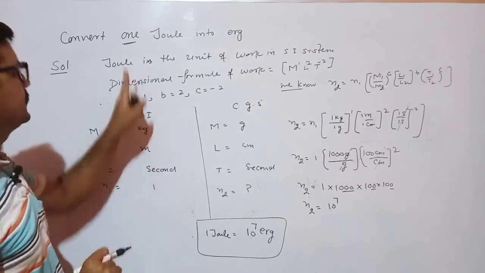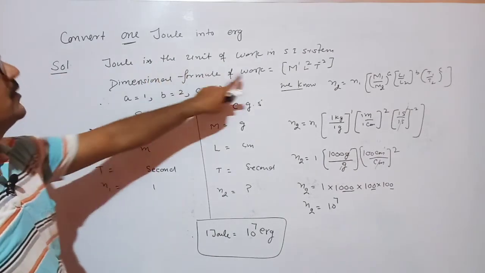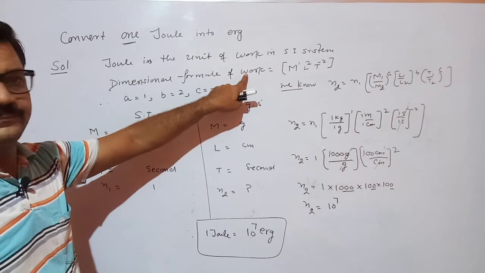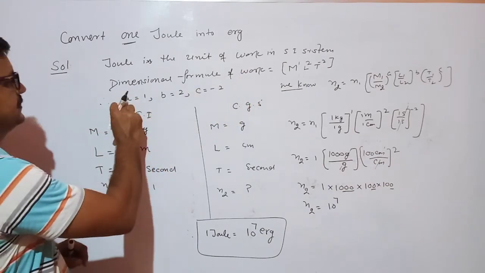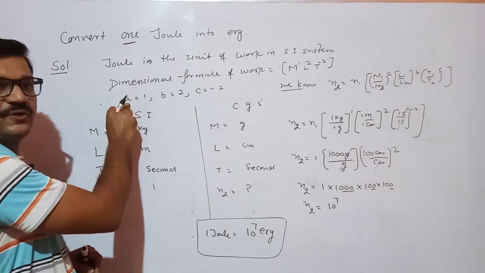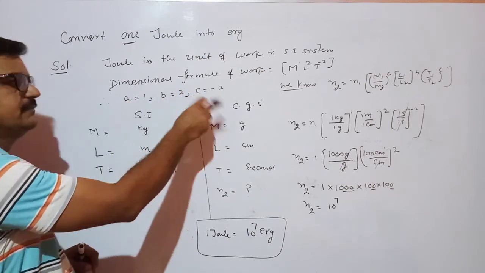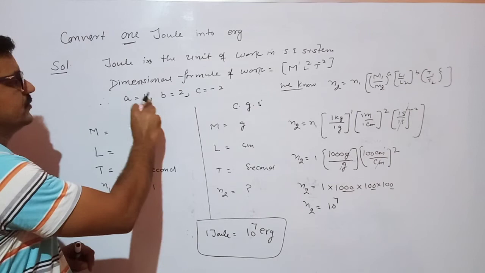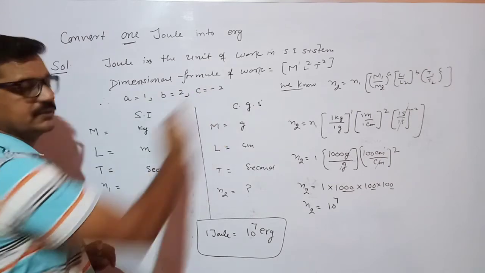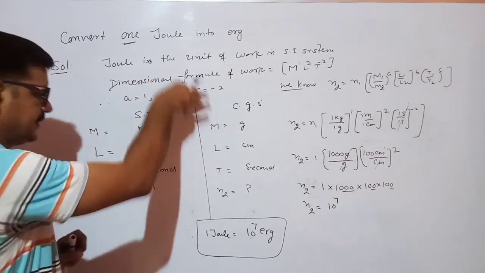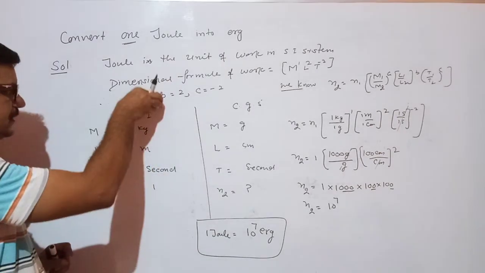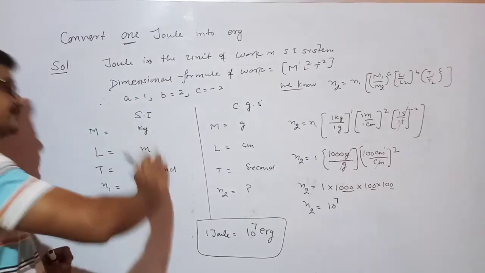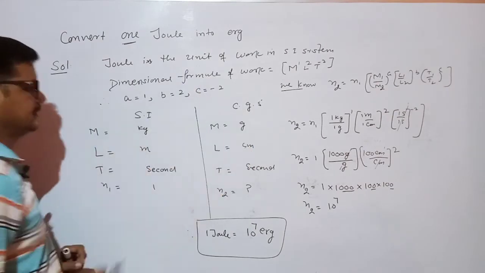After that, you write the dimension formula of the work, and then we see what are the dimensions of mass, length and time, and we find that A is equal to 1, B is equal to 2, C is equal to minus 2. Then we make a table here. On one side we write SI system, which is to be converted into CGS.